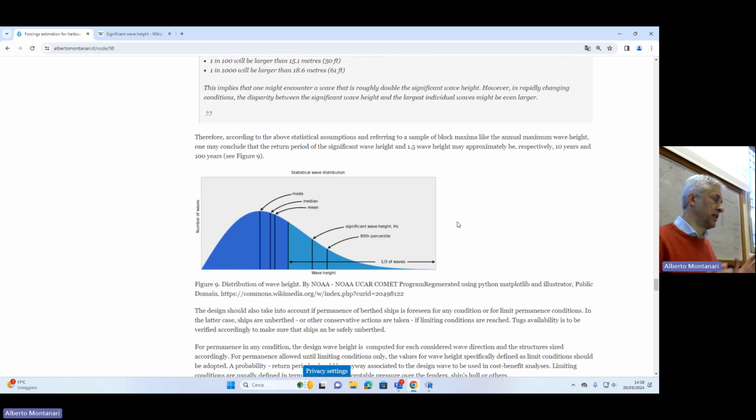Okay, some additional considerations, which are written here. So I'm talking, but everything is written there. When you design a harbour, you should consider any evidence that may allow you to design for a lower size, to save money.